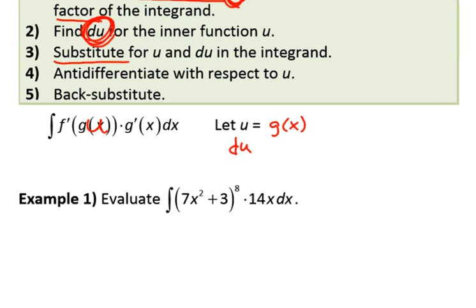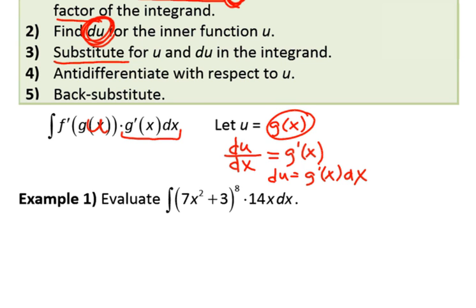If u is g of x, then when I take the derivative of u with respect to x, du over dx is the derivative of g, so that's g prime. If I want to substitute this, I see g prime of x dx. If I move this dx over, then du is equal to g prime of x dx. And then that would substitute completely.